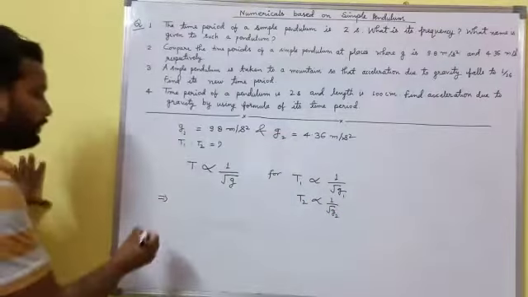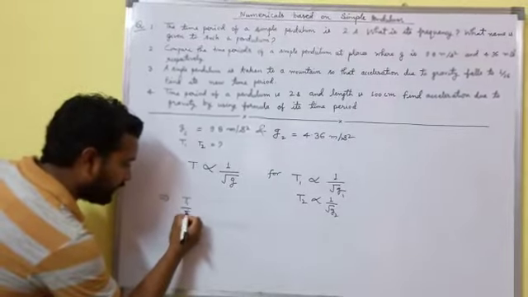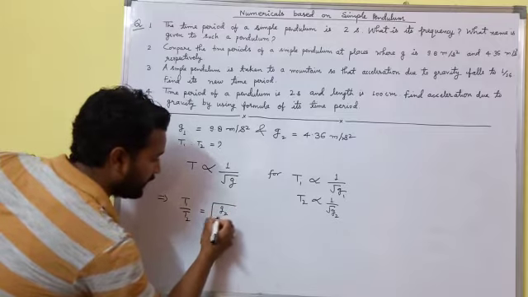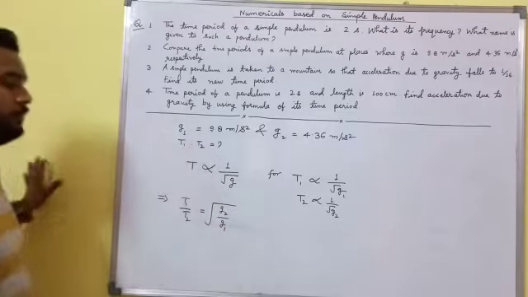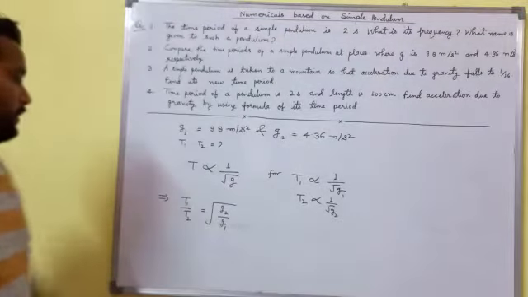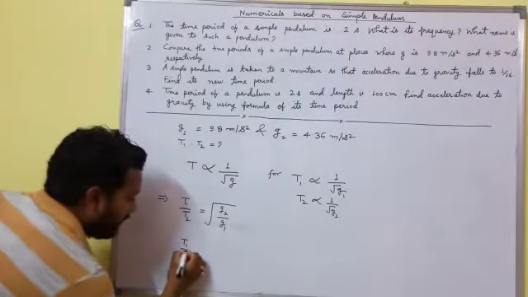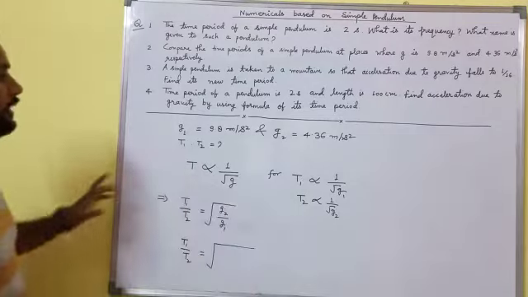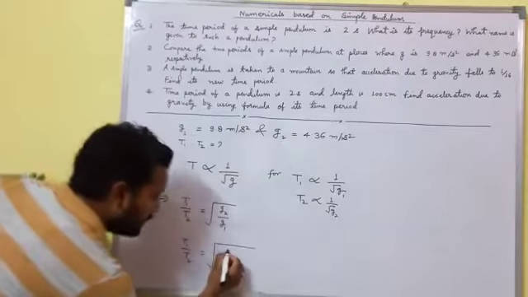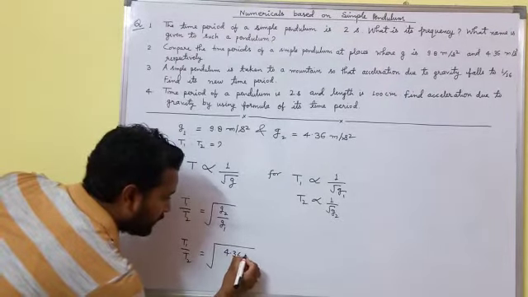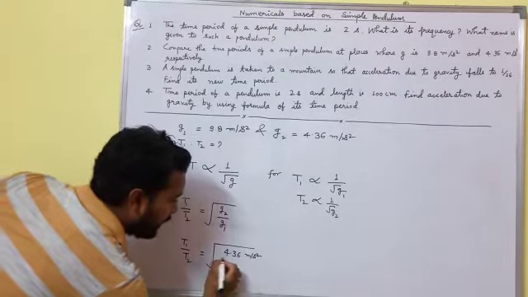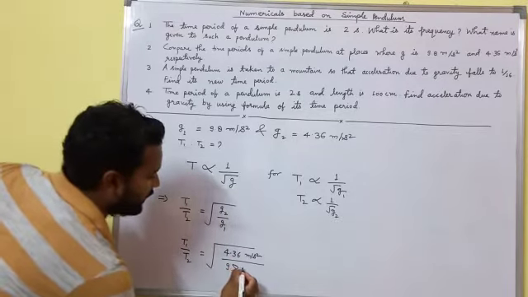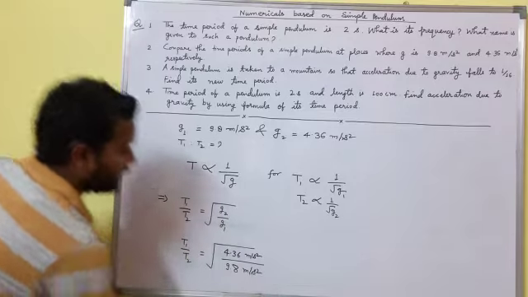Then T1 upon T2 equals root of g2 upon g1. Put the values of g1 and g2: g2 is 4.36 meter per second square upon g1, 9.8 meter per second square.